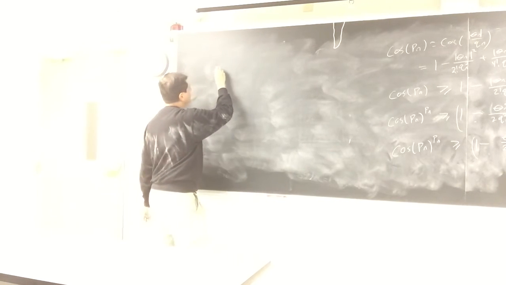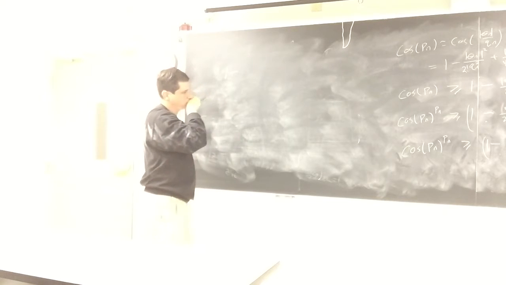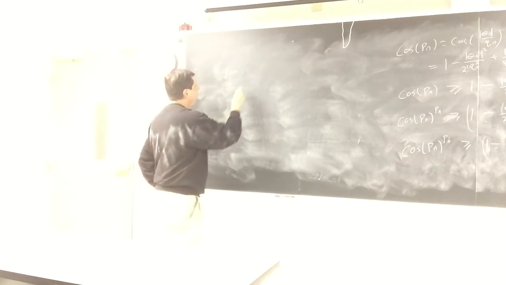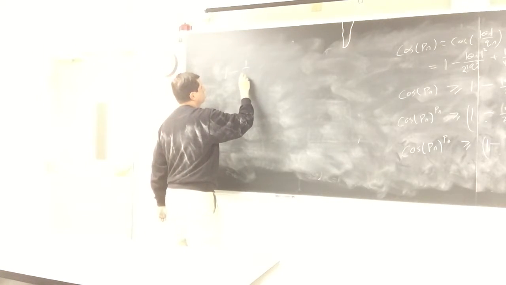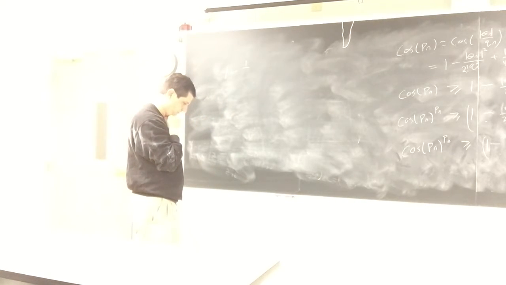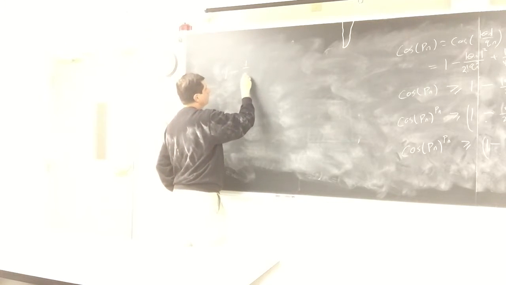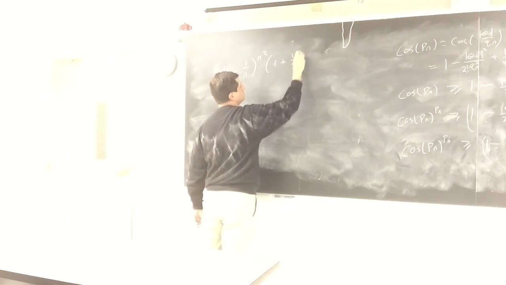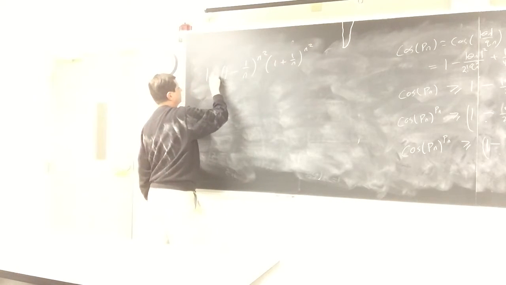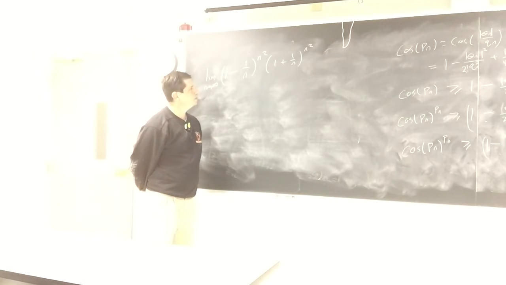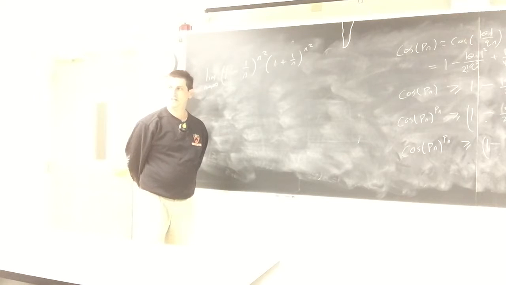Let's take this limit. 1 minus 1 over n to the n squared, 1 plus 1 over n to the n squared, and let's see what that should be.